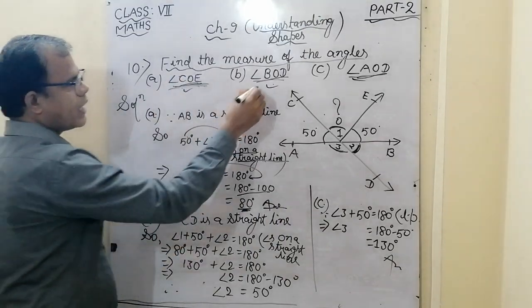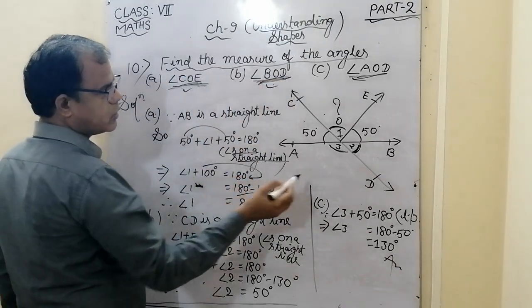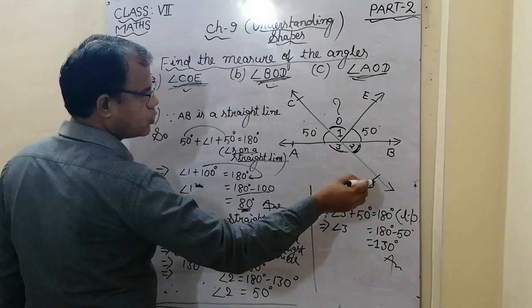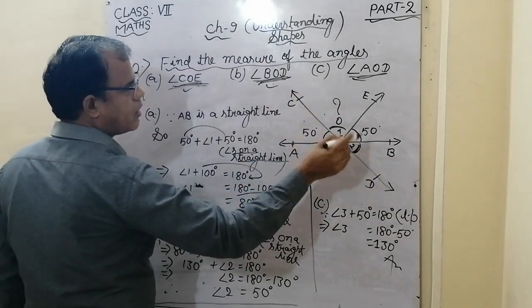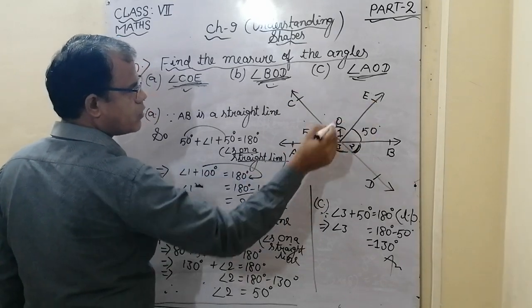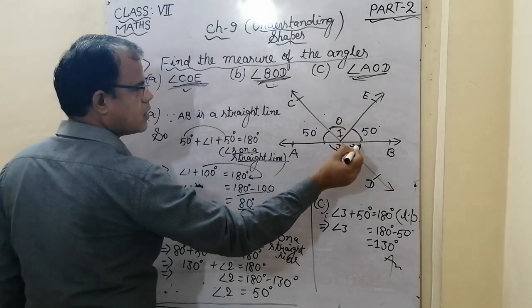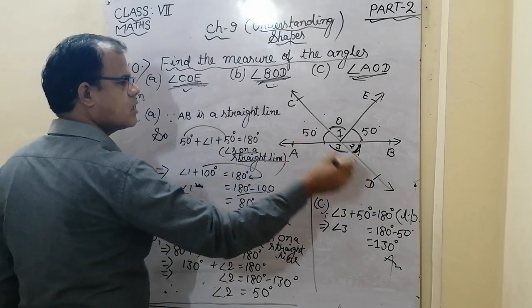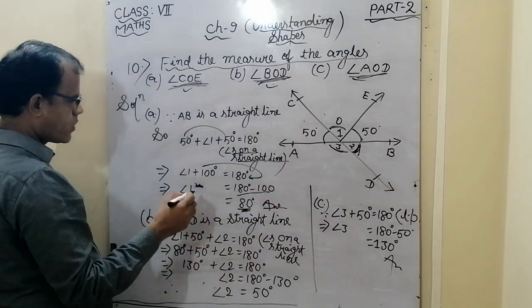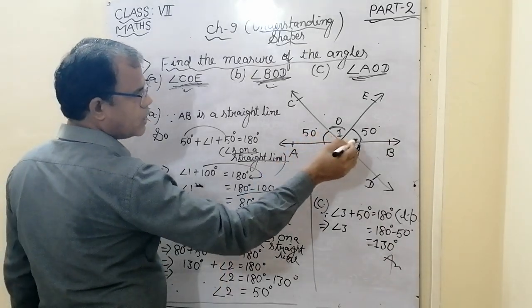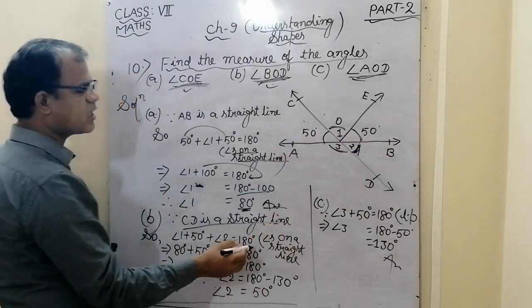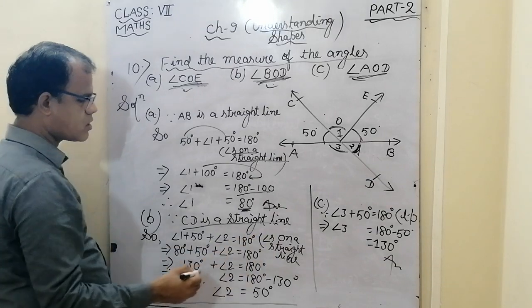Next we have to find out angle BOD. Look here, this angle BOD. CD is a straight line and here three angles are formed. So angle 1 plus 50 plus angle 2 becomes 180 degrees, angles on a straight line.